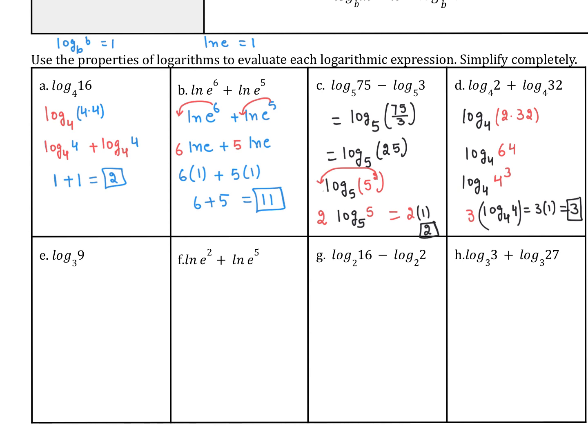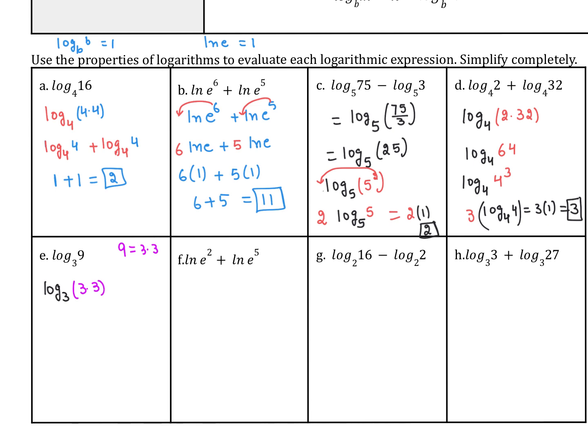For letter E, log base 3 of 9. When you want to solve this one, you're going to change the 9 to 3 times 3 and write the log base 3. In place of 9, we're going to write 3 times 3.